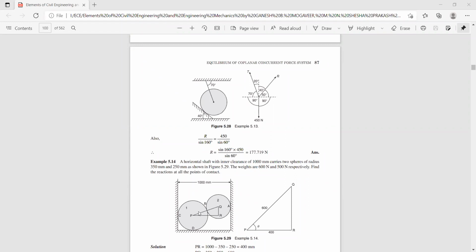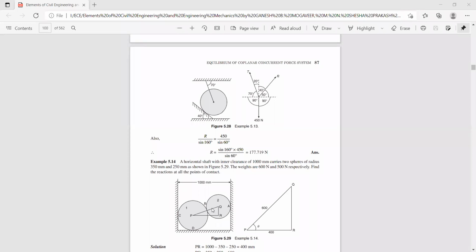This is a very interesting problem. So now here you have two spheres. One is P, and the other one is Q. And these spheres are placed in a container of width 1000 millimeters, and the corresponding radius of these spheres are 350 and 250 millimeters respectively.